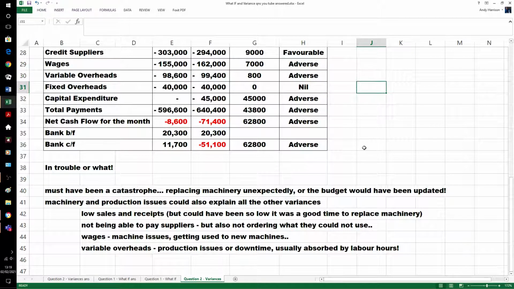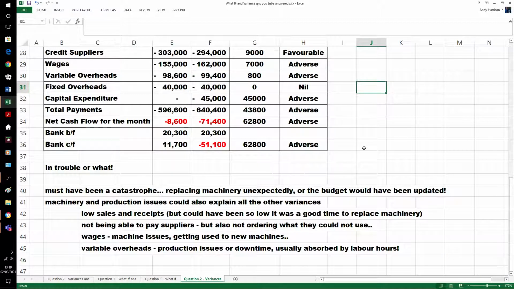So machinery and production issues are all the other variances. So the low sales and receipts, possibly it's because we couldn't make everything. Notice it was the cash that as a percentage receipts that were hit. On the other hand, it could be that we were a bit quiet, so therefore let's replace the machinery a bit early, because we have to replace it sooner or later, and we're quiet.